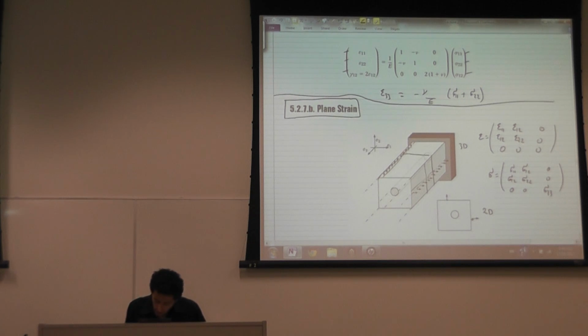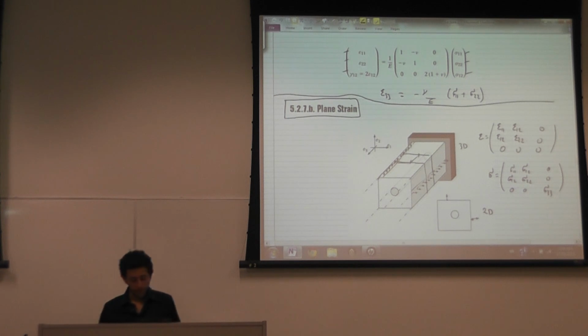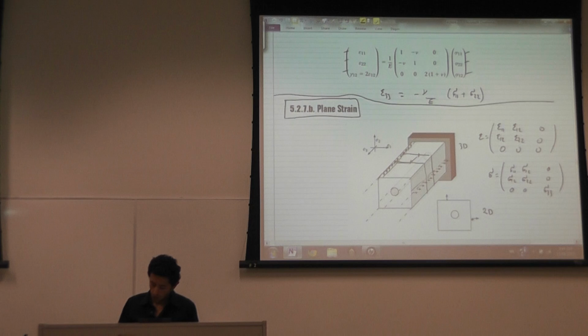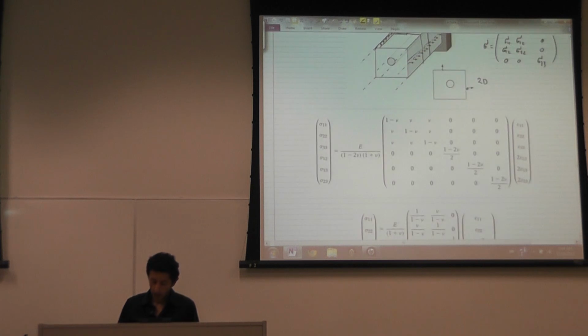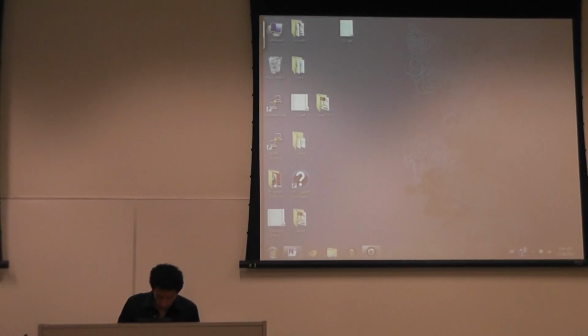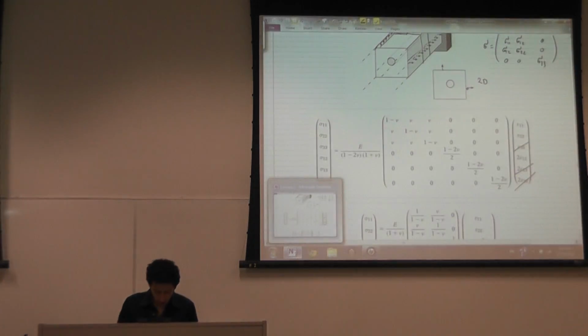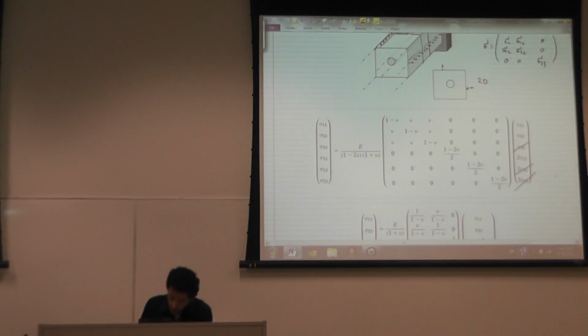You extract a sliver with a unit thickness. So, plane strain, this is 0, this is 0, this is 0. This is 0, this is 0. This is not necessarily 0.